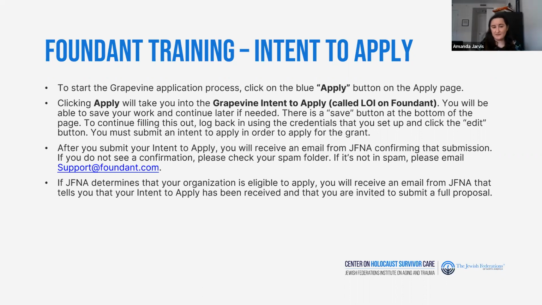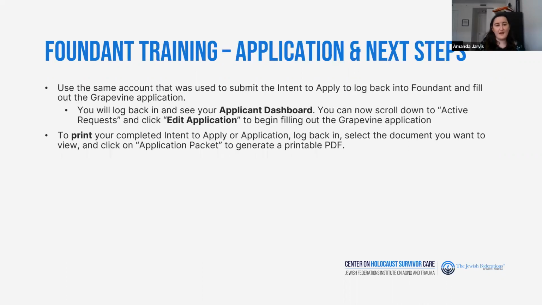If JFNA determines that your organization is eligible to apply, you will receive an email from JFNA that tells you that your intent to apply has been received and that you're invited to submit a full proposal. Next slide, please.